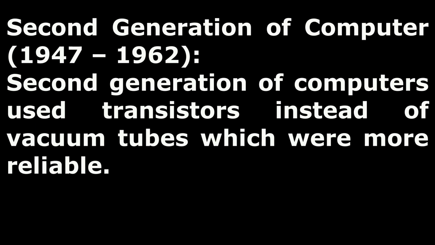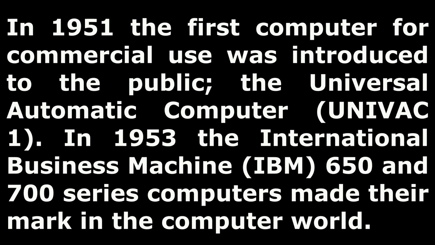Second generation of computers, 1947 to 1962. The second generation of computers used transistors instead of vacuum tubes, which were more reliable. In 1951 the first computer for commercial use was introduced to the public, the Universal Automatic Computer, UNIVAC-1.